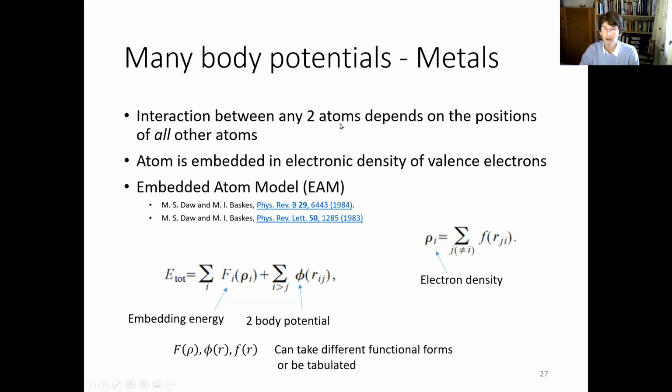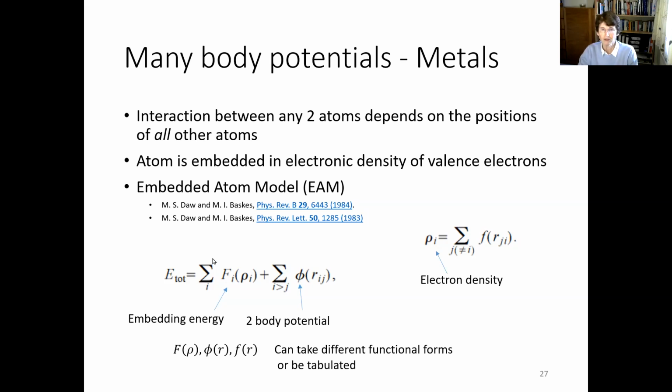And this was first really put into interatomic potentials by Don Baskes in the early 80s, and I think it was quite an impressive leap, because before that people were trying to model metals using two-body potentials, which was not working at all, and they couldn't reproduce it. So these are Don Baskes's two classic papers, and in this equation he shows you the functional form of these types of potentials.